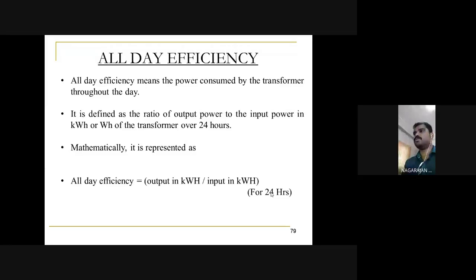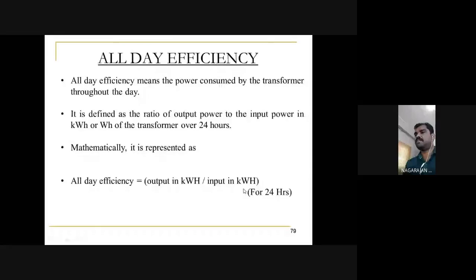So we have to measure power in intervals, over a 24 hour time period, and we find out the efficiency for that. Then it is called the all-day efficiency of a transformer. So this is the definition: output of a transformer in kilowatt hours in 24 hours divided by input of the transformer in kilowatt hours in 24 hours.